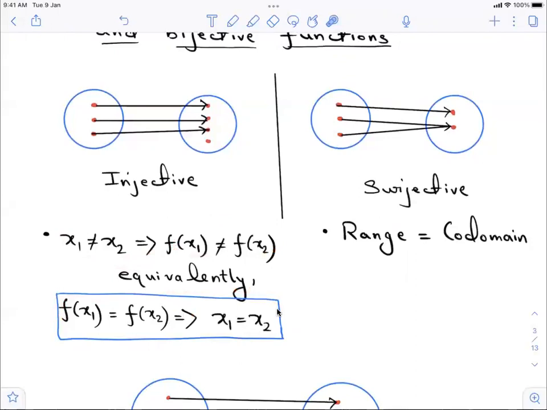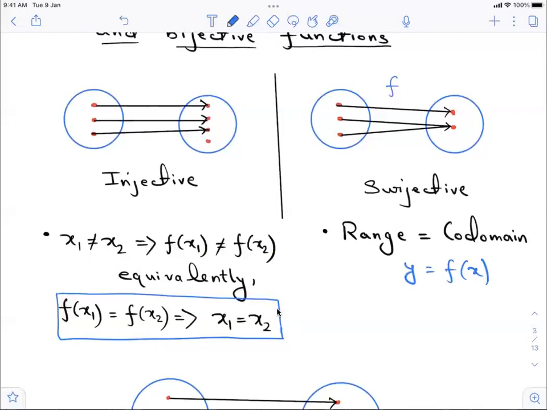How to check whether some function is surjective or not? Suppose the function is f. An output y would be equal to f of some input. So I have to check whether every y in the codomain is an output.